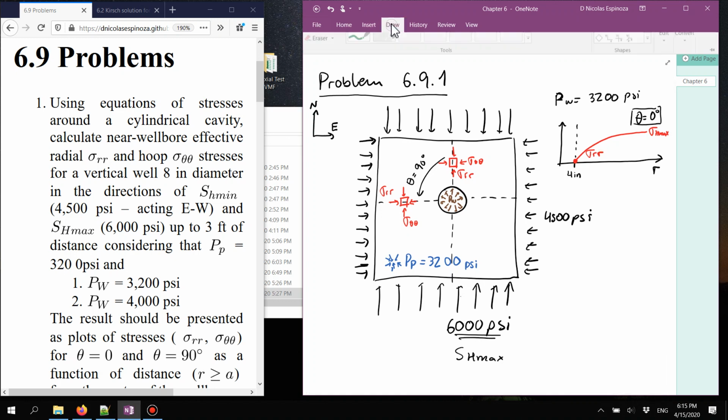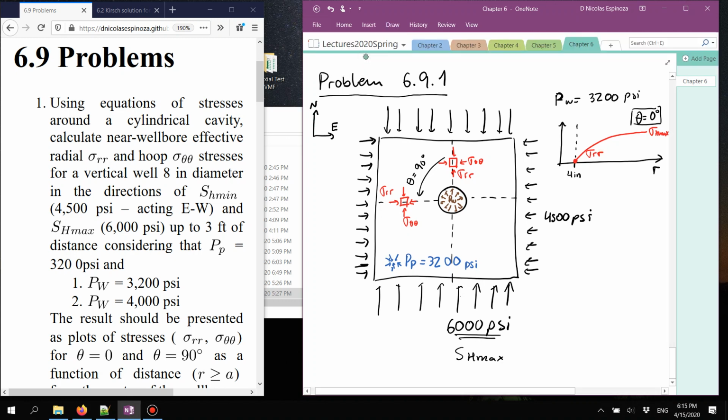What about sigma theta theta? Well, sigma theta theta at this position, notice that this is the direction of the maximum principal stress. So here I should expect to have a low value, because here is where I would have tensile fractures that either is small or probably it could be negative.